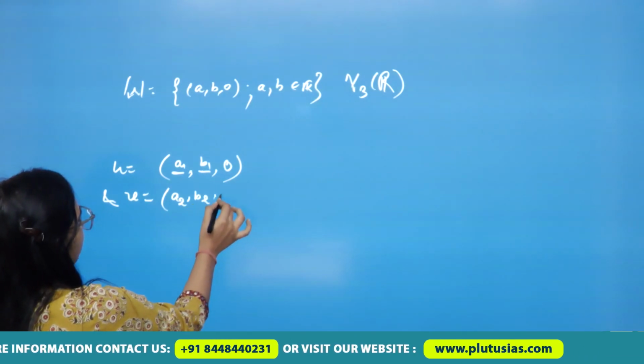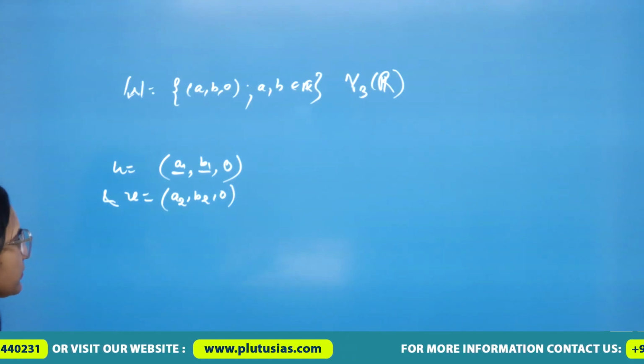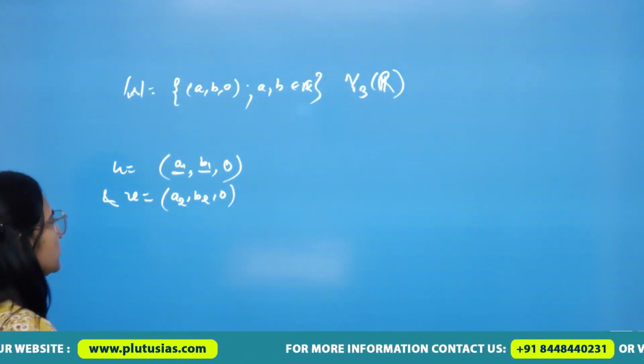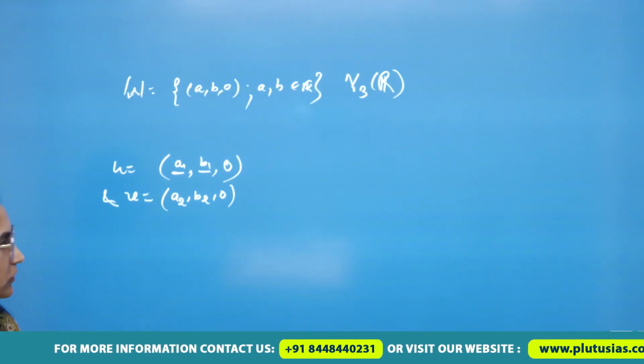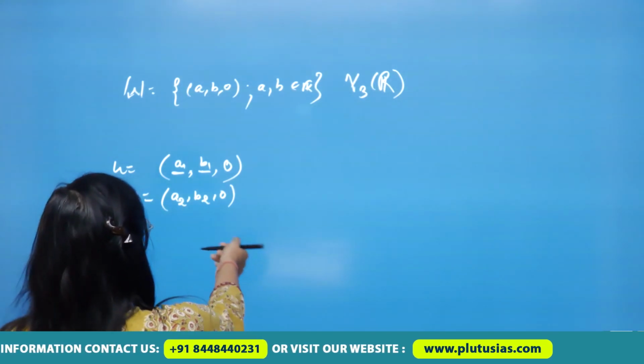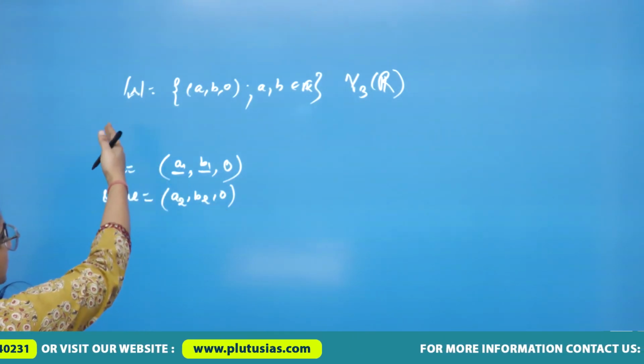For simplicity, I have taken a1, b1. You can take x, y or x1, y1 or x2, y2. But since we had a, b, I have taken a1, b1, a2, b2. Now we have to prove that the internal binary operation is defined on W.